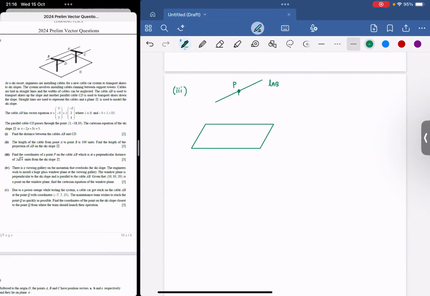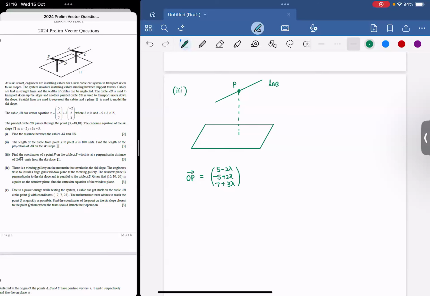What's so special about this P? This length is 2 square root 14. Since P is on the line AB, I can write OP as (5 - 2 lambda, -5 + 2 lambda, 7 + 3 lambda).